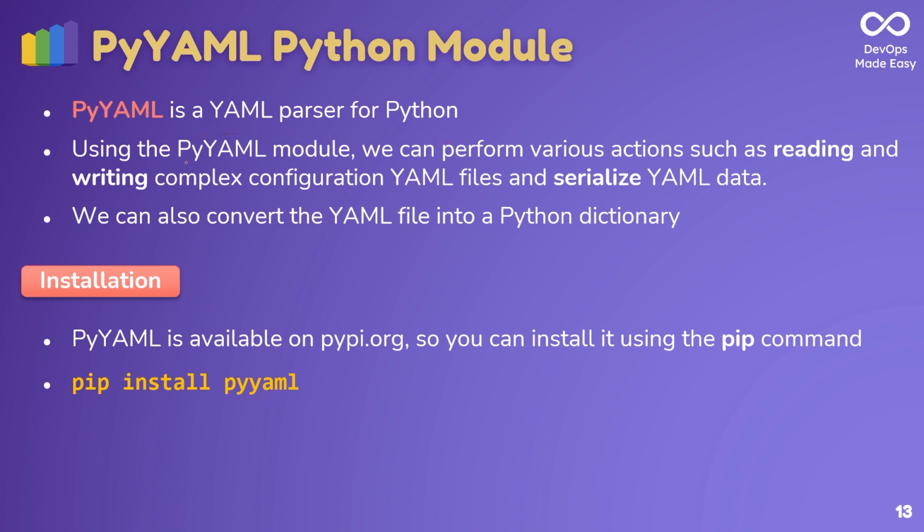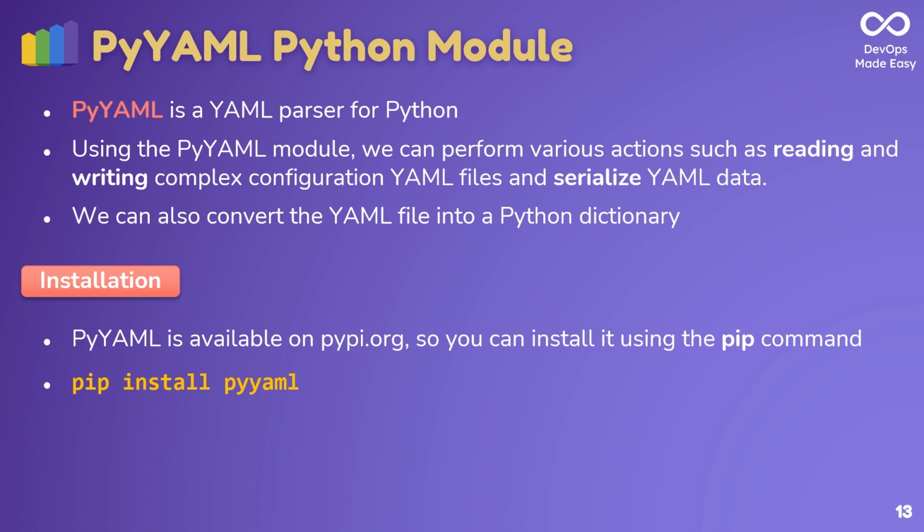Using the PyYAML module, we can perform various operations like reading and writing complex YAML files, and we can also serialize YAML files. Serializing here means converting Python objects into YAML streams. We can also convert a YAML file into a Python dictionary.